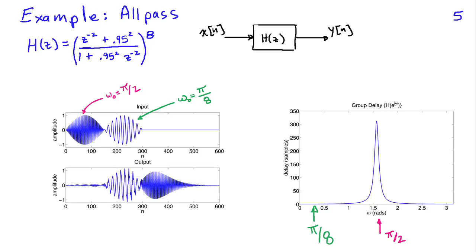So linear phase systems are not going to do this. The output is going to take the same exact shape as the input, just a delayed version. But with nonlinear phase, we get distortion because different frequencies experience different delay through the system, and group delay is a convenient way of representing how different frequencies are affected.